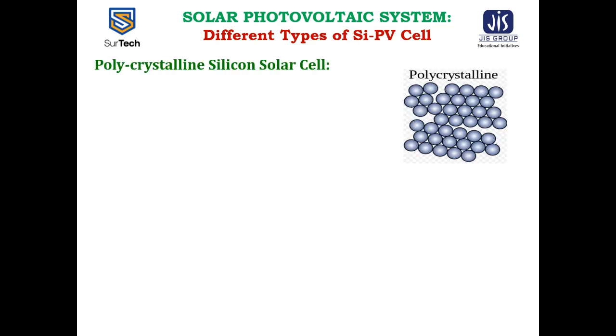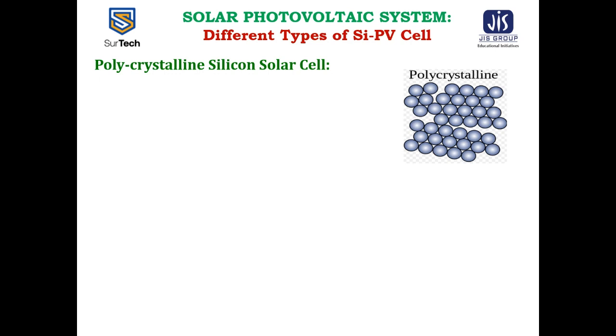Now come to the polycrystalline silicon solar cell. The polycrystalline silicon is composed of many smaller silicon grains of varied crystallographic orientation, typically greater than 1 millimeter in size. This material can be synthesized easily by allowing liquid silicon to cool using a seed crystal of the desired crystal structure.